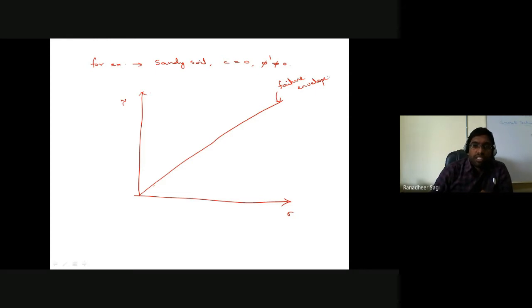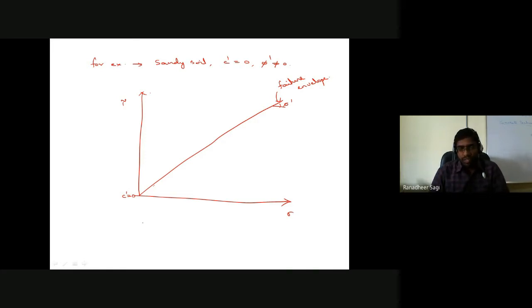Once the C-phi parameters of the soil are known, I indicate the failure envelope corresponding to those parameters. So the slope of this failure envelope is what we write as phi dash, where the C dash value is equal to 0.